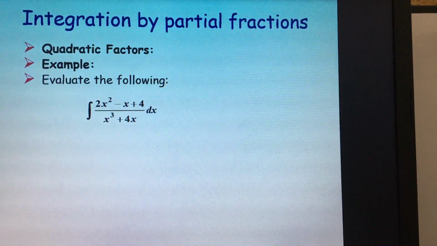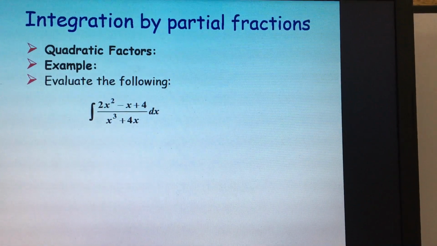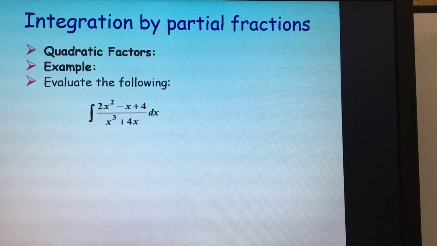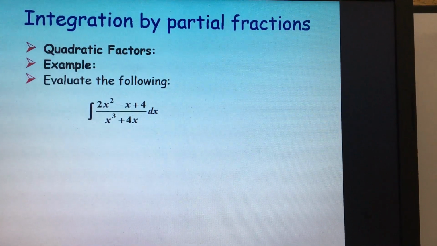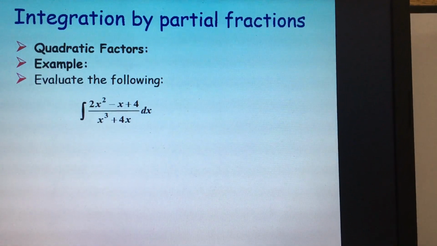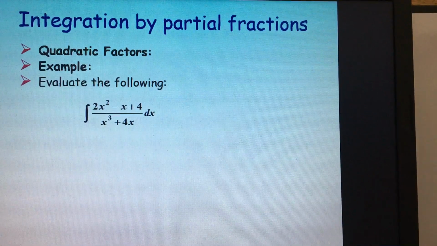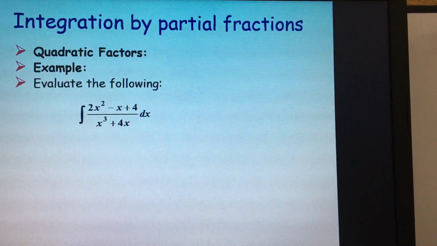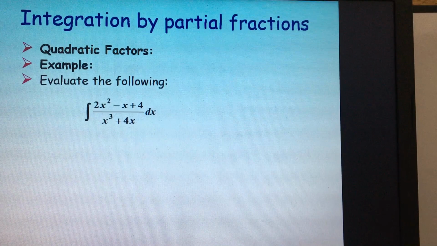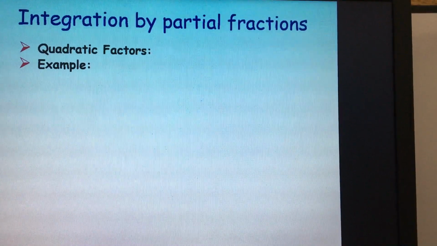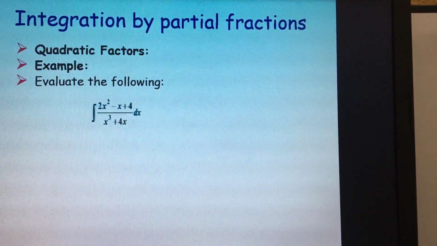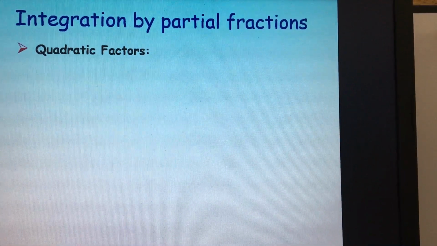this. So as you have noticed class, in this third scenario, quadratic factors, you see that the degree in the numerator is less than the degree at the denominator, and similar to this one.